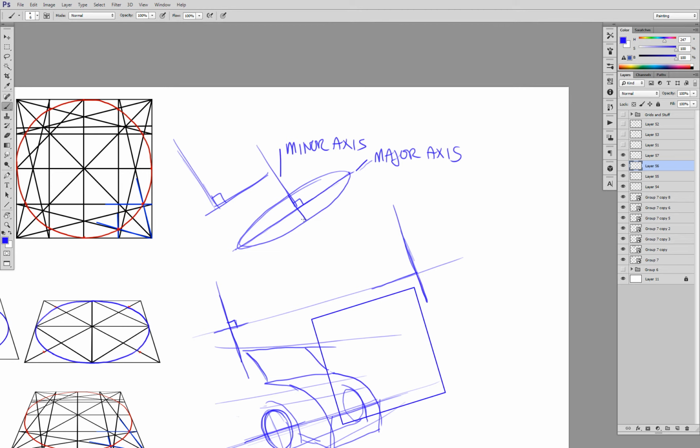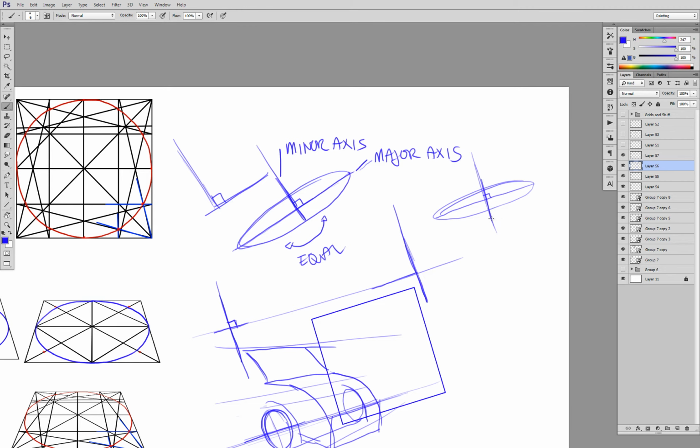One thing that we do know is that both sides of an ellipse are equal. So both sides opposite the minor axis. If you have an ellipse and you split it down the center, the major axis is going here, and this is 90 degrees.